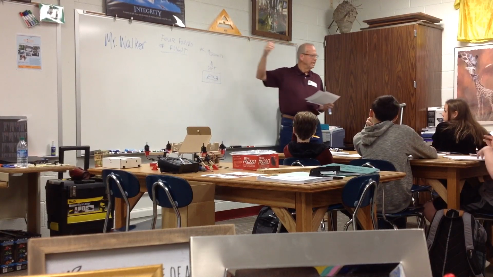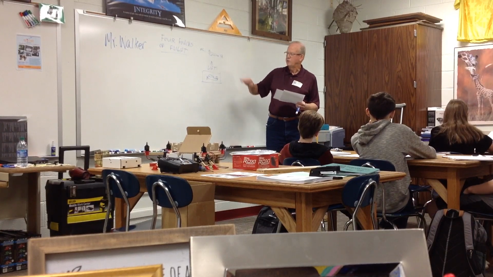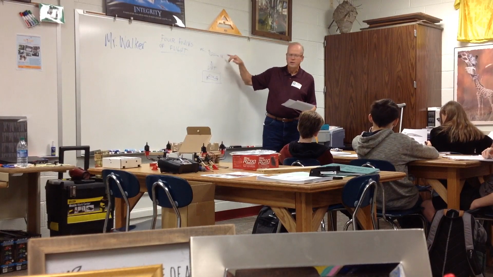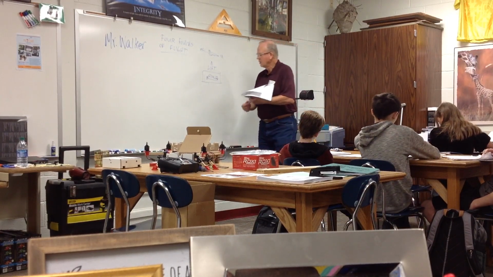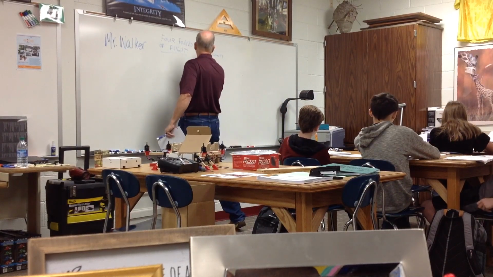This LE is for leading edge. I don't have enough room, so I'm going to abbreviate. It's leading edge and trailing edge. And this little line down the middle is from the leading edge to the trailing edge, right through the middle. I put that on there because as the wind blows, I'm going to abbreviate this as well.